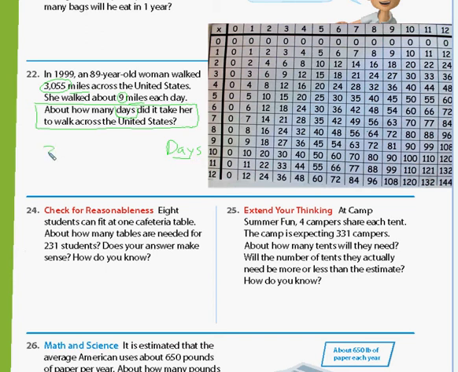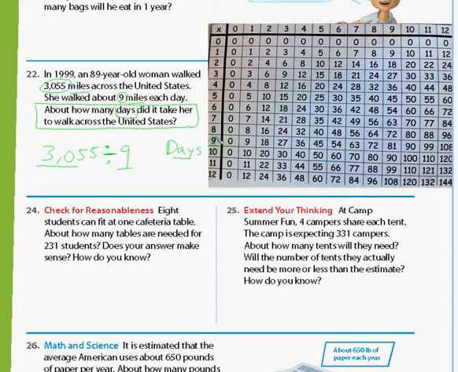So 3,055 divided by 9. My division symbols look sort of like subtraction symbols if I don't work at it a little bit. So I'm going to do 30 divided by 9.